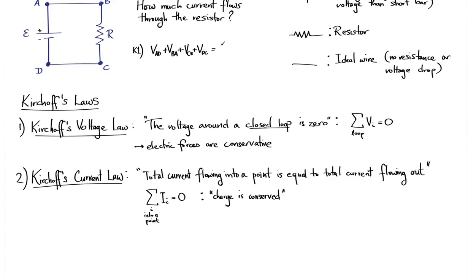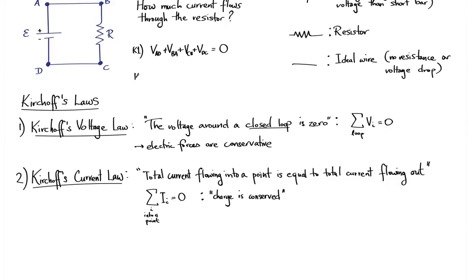These are all the voltages that comprise this loop. And from that first voltage law, this is going to be 0, because electric forces are conservative. You're not going to gain any net work from moving anything around in a loop. Okay?